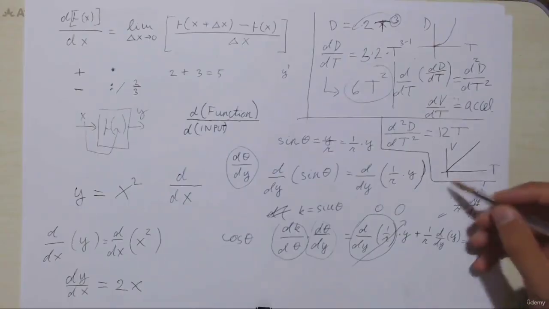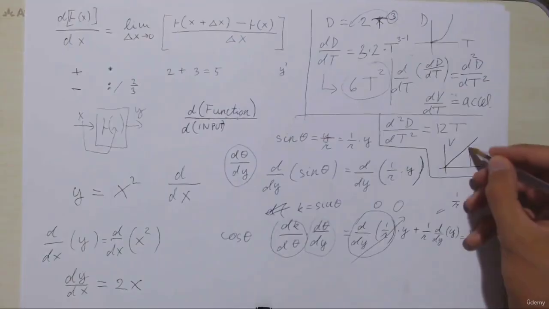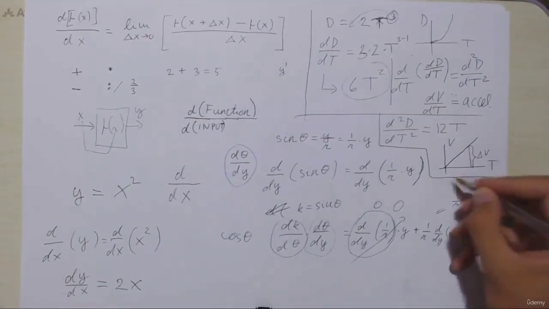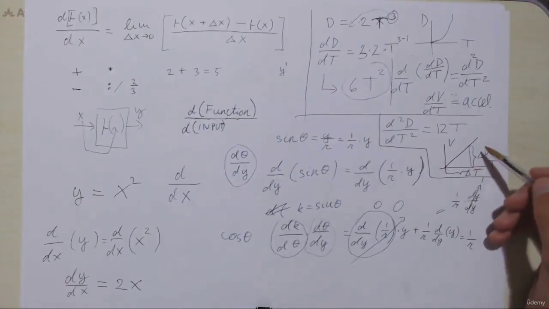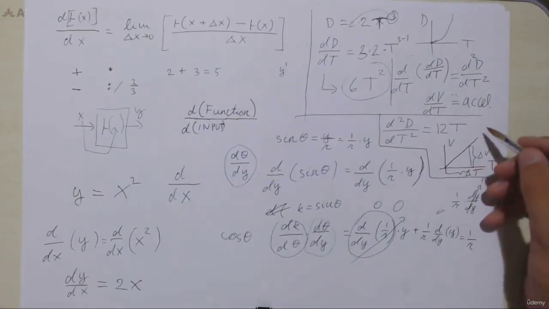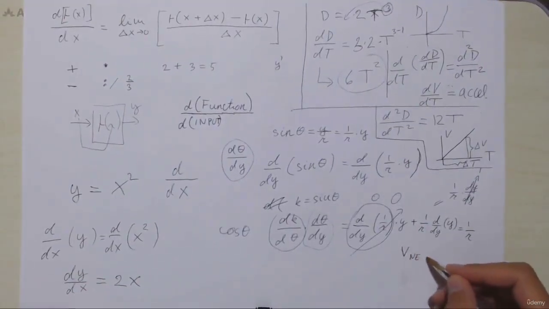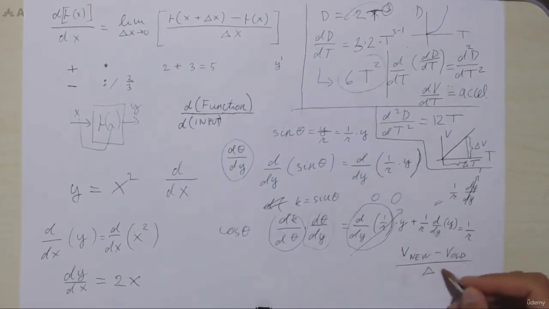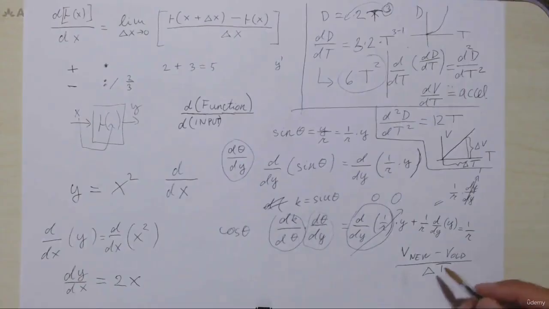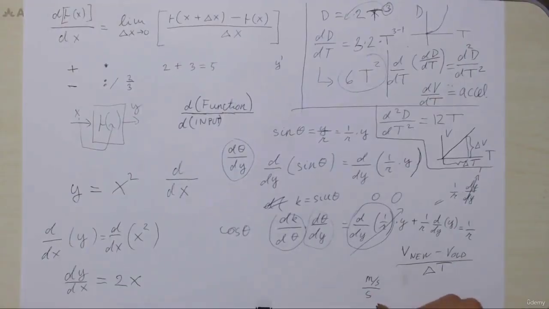And then let's say if you have this straight line function here, then if you take delta v over delta t, then it would just be, again, new minus old, the same story. You would have acceleration, so you would have v new minus v old divided by the change in time. From units, you will be able to see that it's going to be meters per second in second, right?